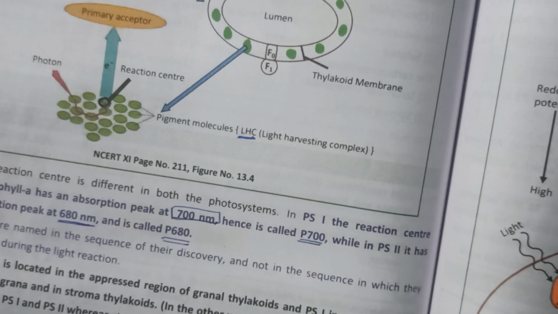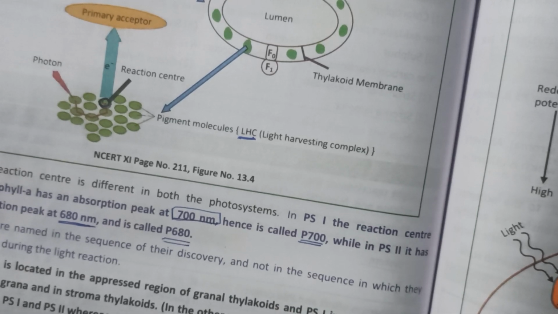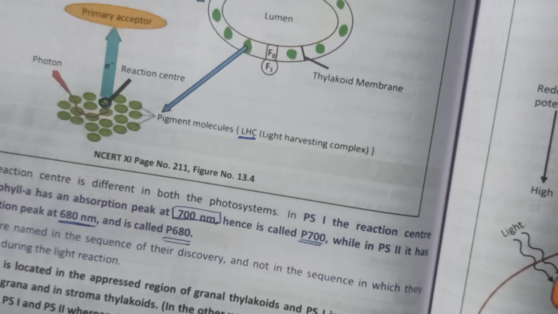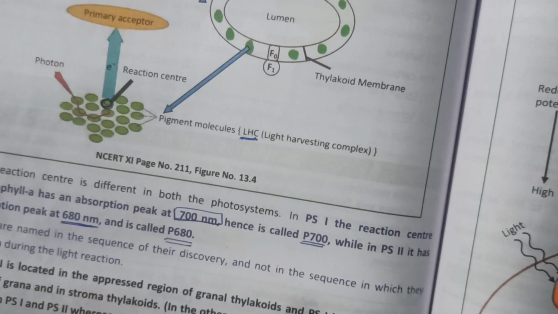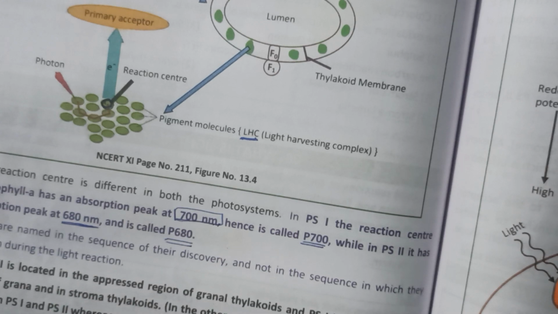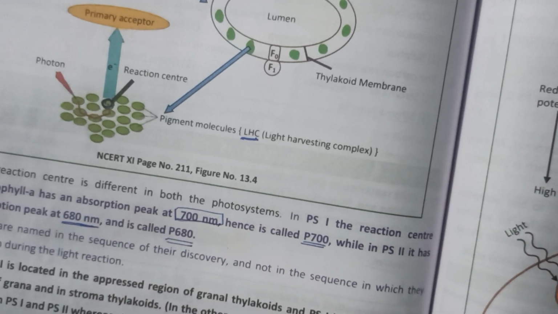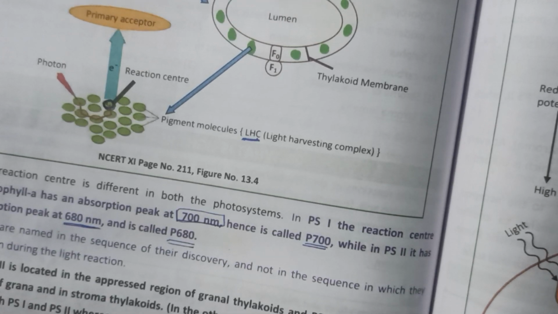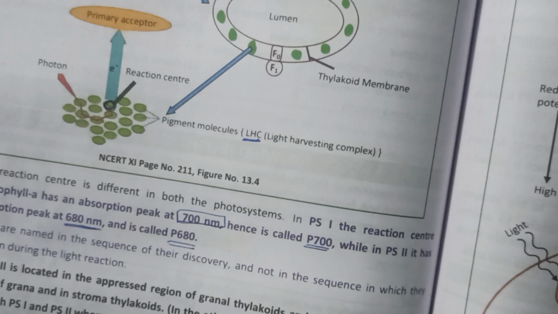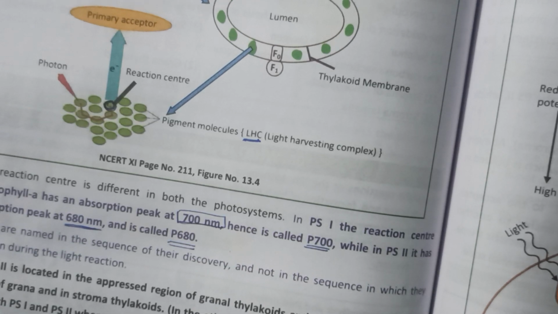These are named in the sequence of their discovery and not in the sequence in which they function during the light reaction. And photosystem 2 is located in the appressed region of granal thylakoids and photosystem 1 in the non-appressed region of grana and stroma thylakoids. In other words, the granal thylakoids have both photosystem 1 and 2, whereas stromal thylakoids have only one.